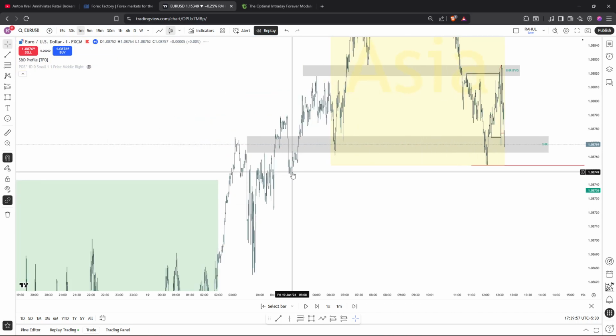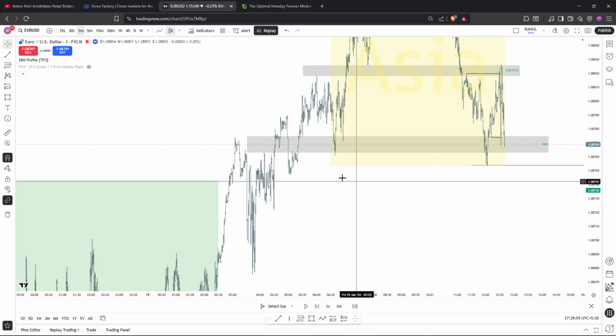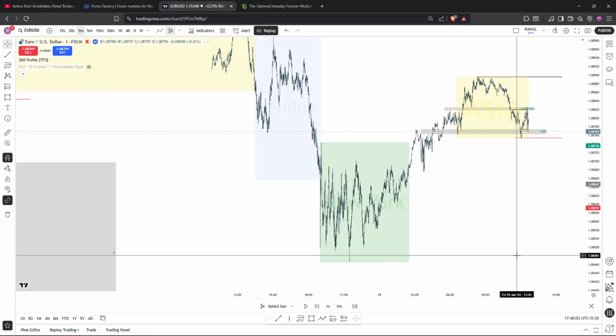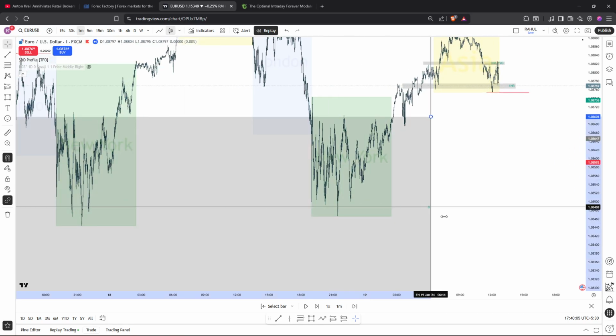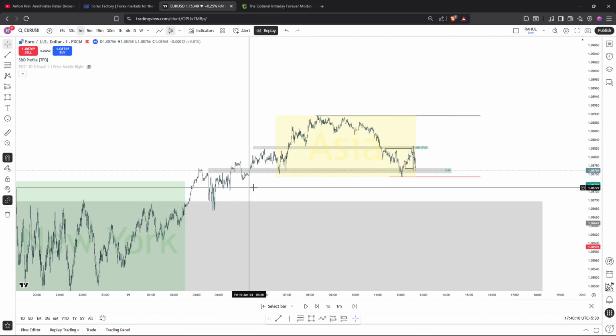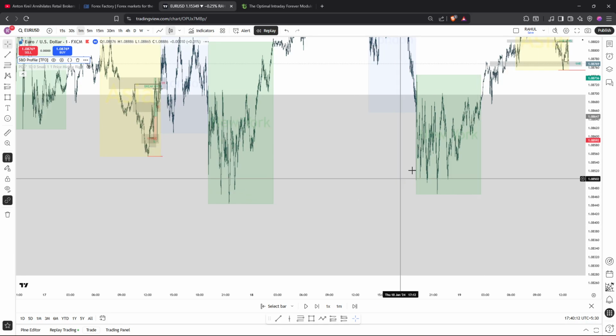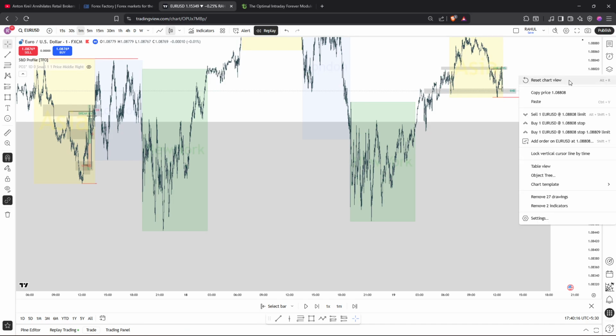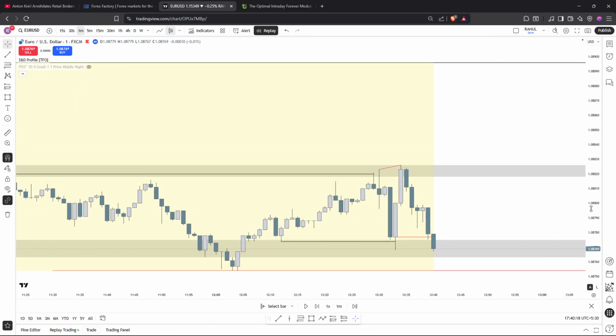There is all the liquidity. Daily FVG is also here only. Daily FVG, it has been rejected. It has not been broken through. So it's still valid for the overall narrative.